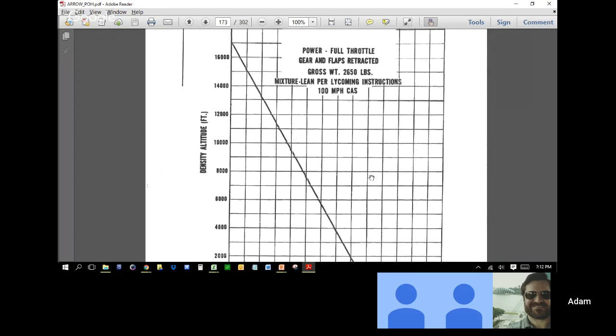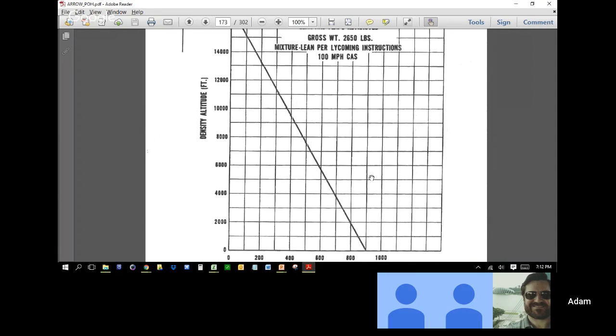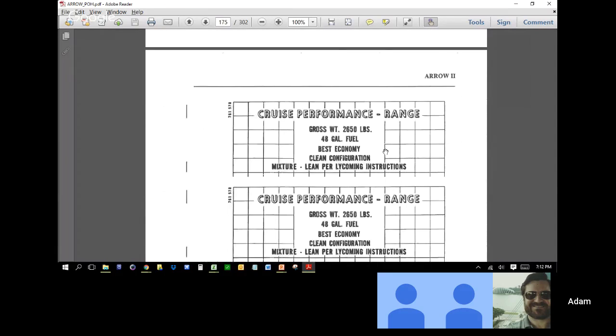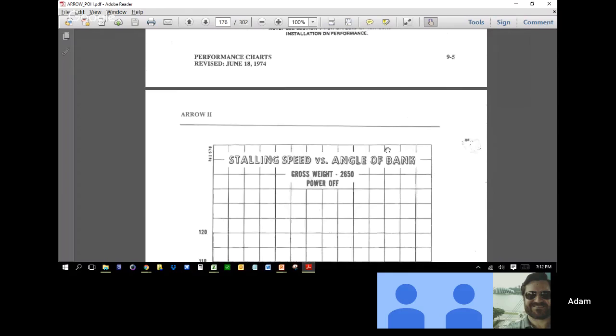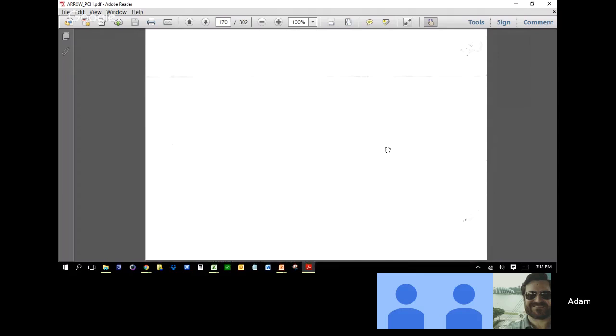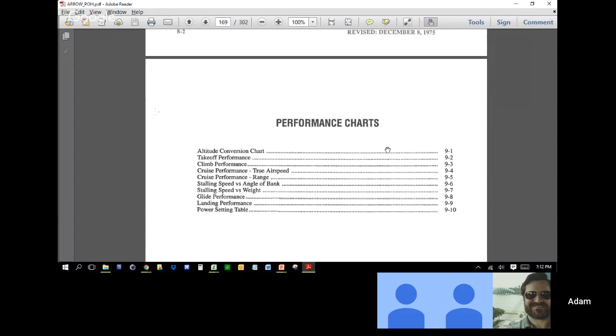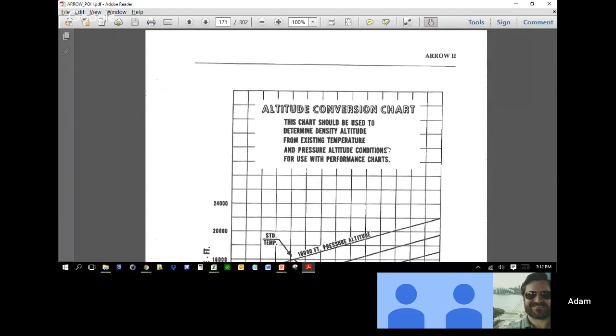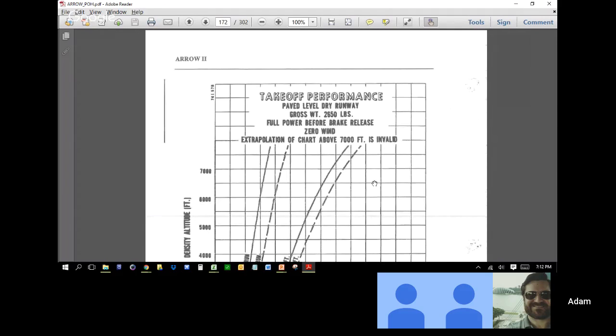Let me use maybe a more conclusive example. Let's do a takeoff really quick. We'll do a takeoff chart. Where are we at? Takeoff performance 9.2. Okay, takeoff performance.